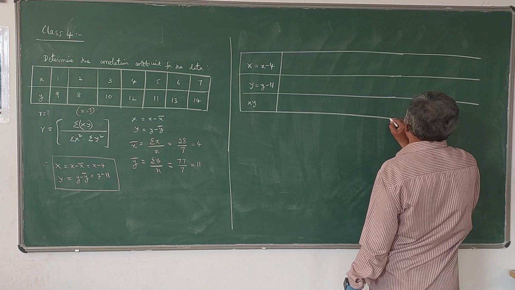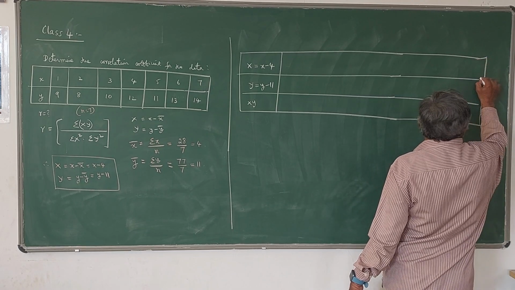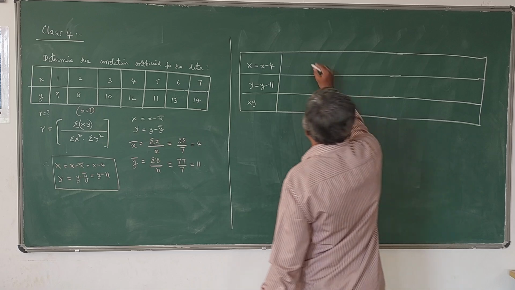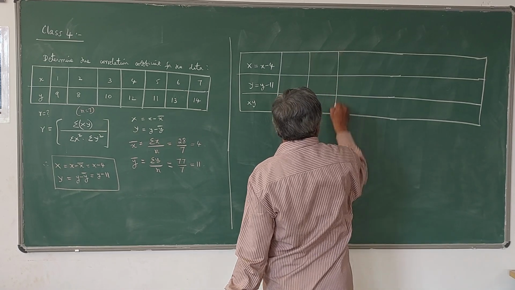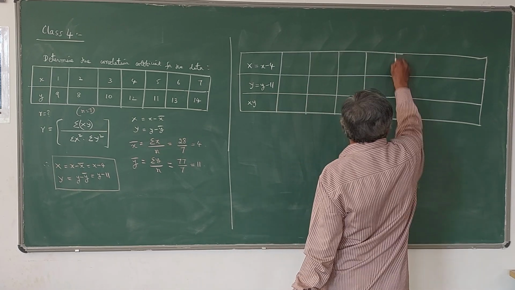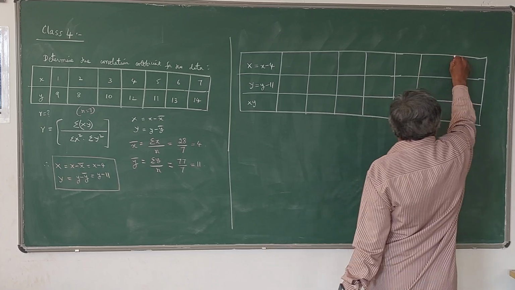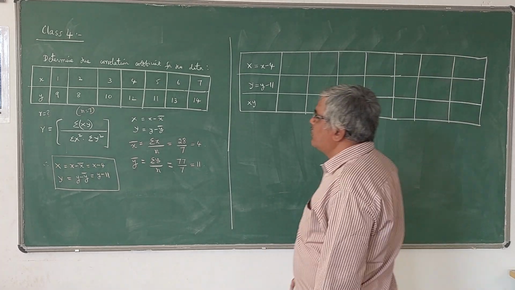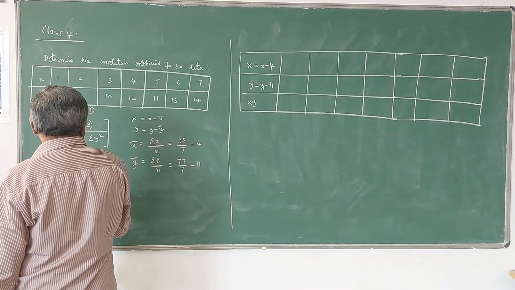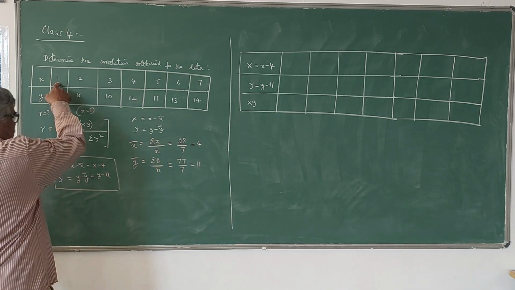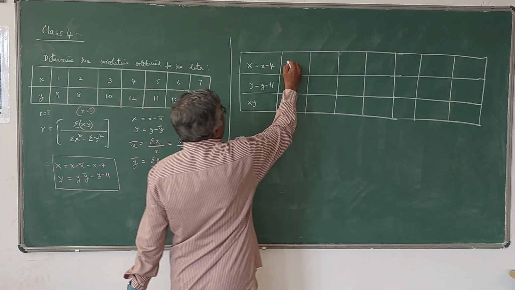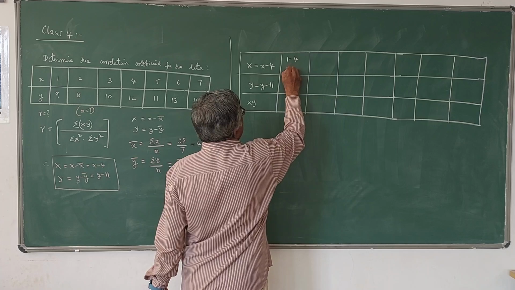We will calculate the capital X, capital Y values, then we will take the product. 1, 2, 3, 4, 5, 6, 7. For the first reading, x minus 4, x is 1. So 1 minus 4, which is minus 3.